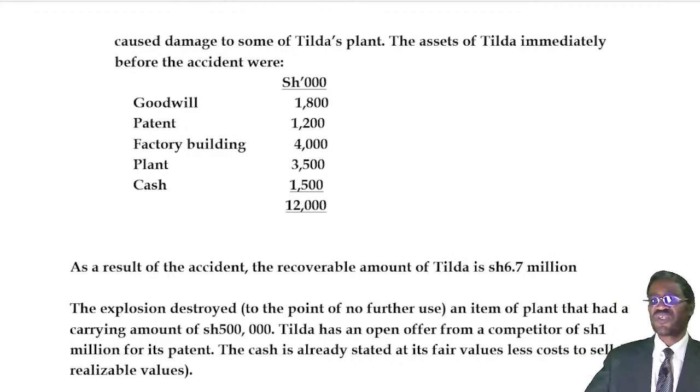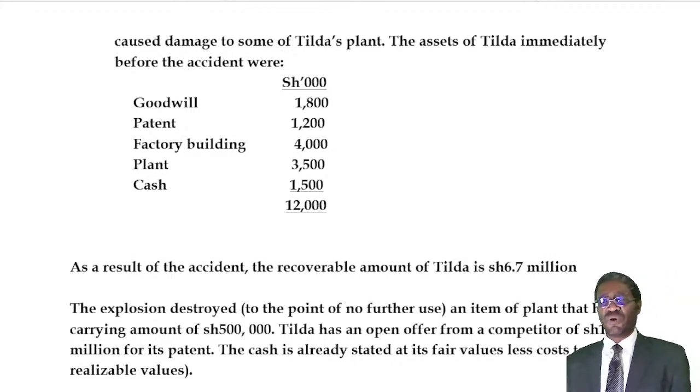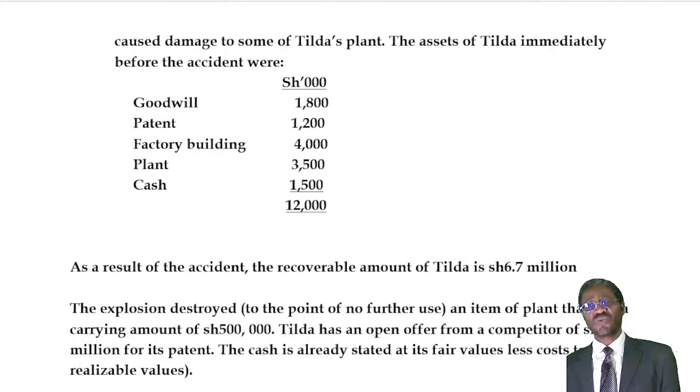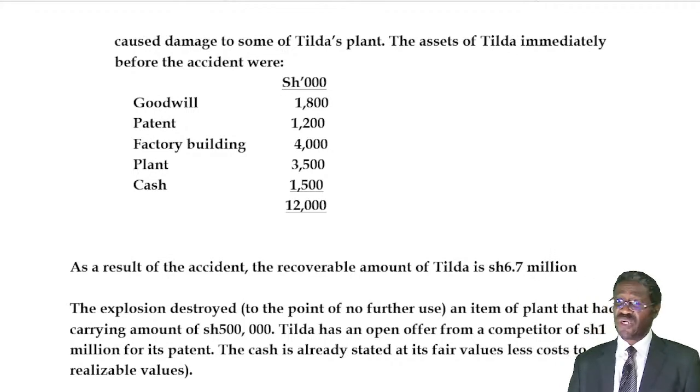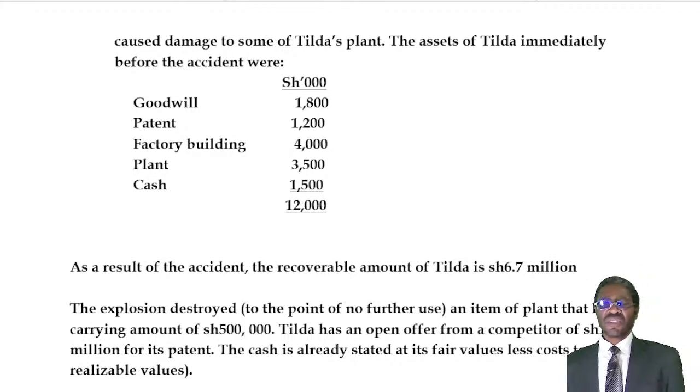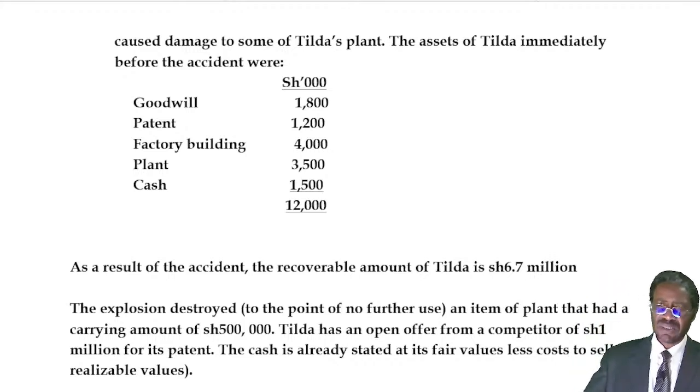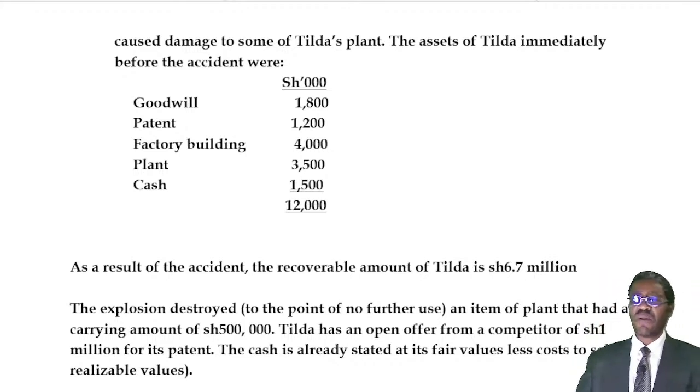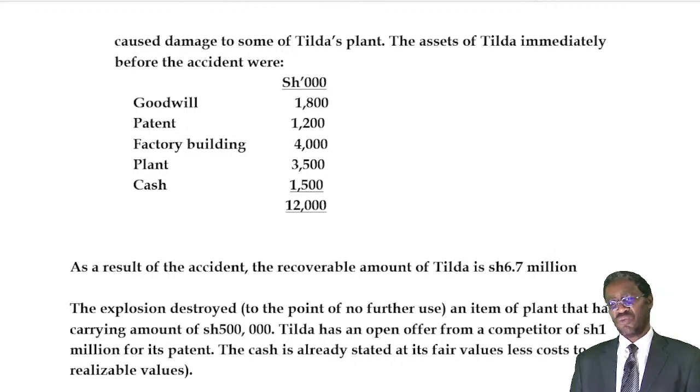The assets of Tilda immediately before the accident were goodwill, patent, building, plant, and cash. As a result of the accident, the recoverable amount of Tilda is 6.7 million.